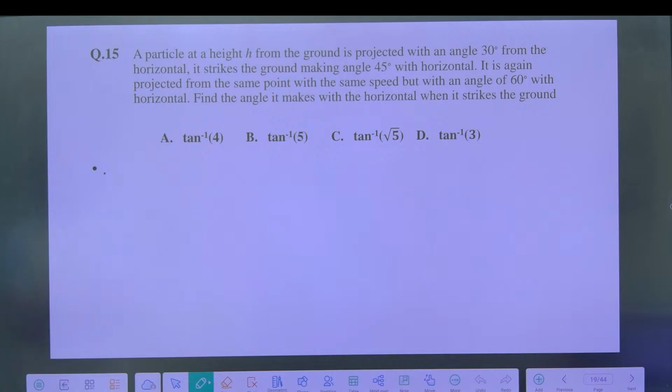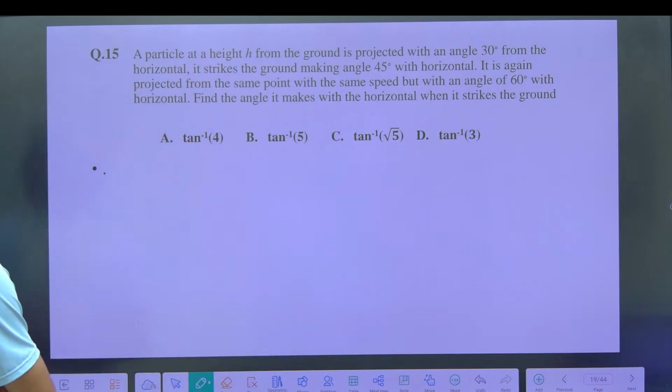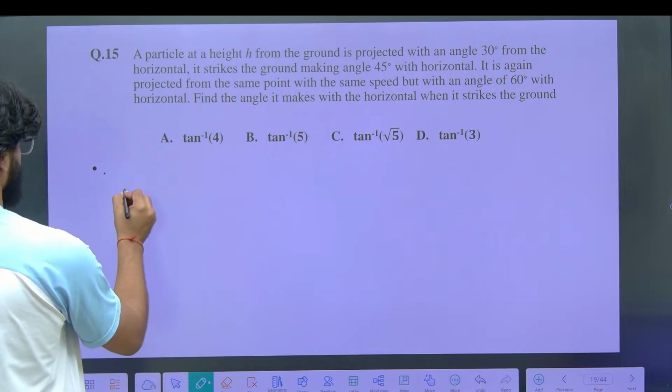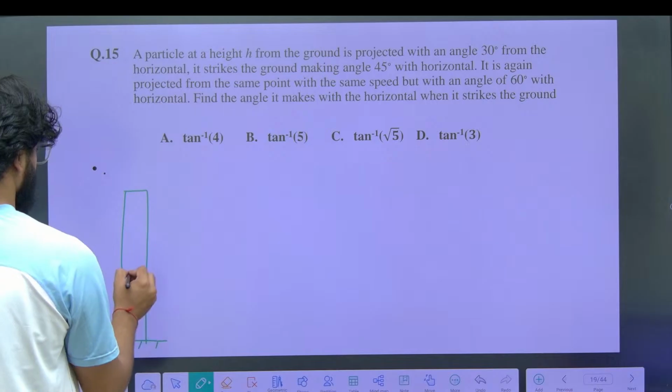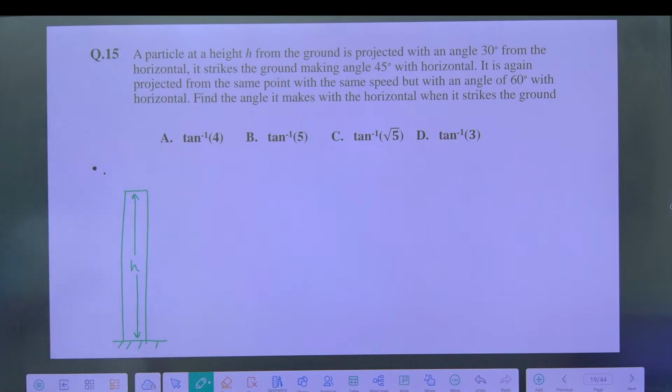A particle at height h from the ground is projected, this height is h, at an angle from the horizontal.